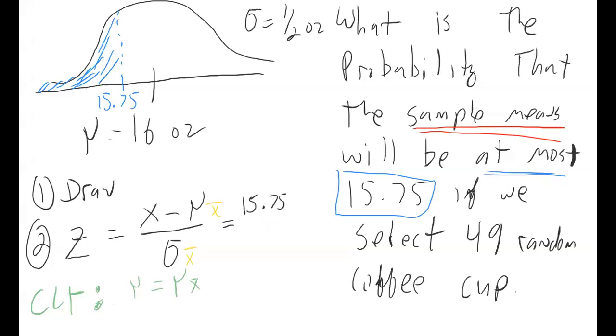And because the central limit theorem says the mean of the population equals the mean of x bar, this is still 16. So the two top numbers do not change even using the central limit theorem. What does change is the standard deviation, because the standard deviation of x bar equals the population standard deviation divided by the square root of n. So on my z, I have to take my 1/2 and divide it by the square root of 49.